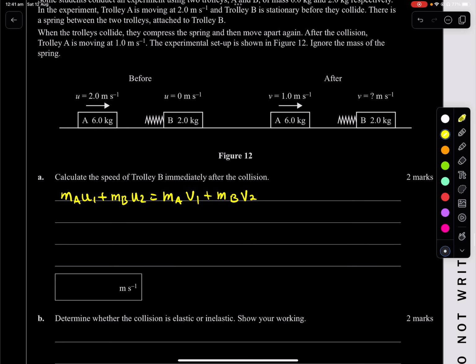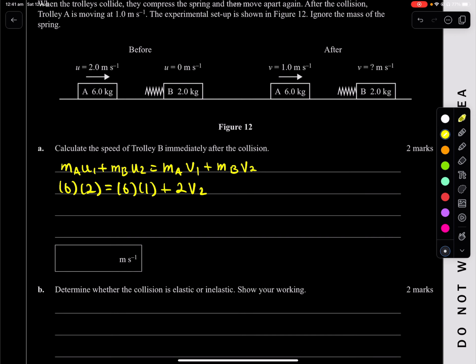The mass is 6, your initial velocity is 2, plus your mass for the other one is 2, but it's at 0, so we can just cancel this out. This must equal 6 times 1 plus 2 times V2, and we want to find V2. So your V2 is actually equal to 6 meters per second.